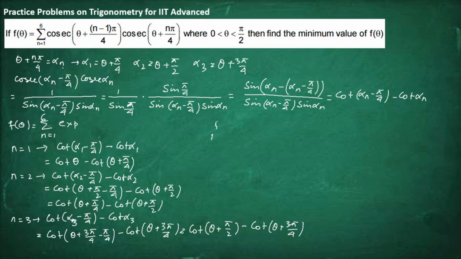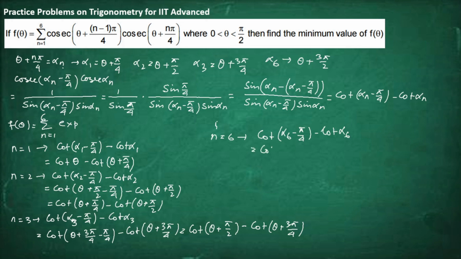Okay, so when we put n equals to 6, what is alpha 6? Tell me fast. Alpha 6 will be theta plus 6 pi by 4, that is 3 pi by 2. Is it clear? So your n equals 6 will give you cot(alpha 6 minus pi by 4) minus cot(alpha 6).